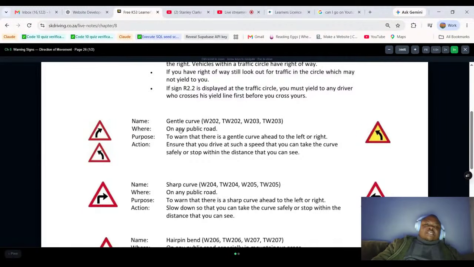And then this is a gentle curve to the right, gentle curve to the left, and the purpose is to warn you there is a gentle curve ahead, and to ensure that you drive at such a speed that you can take the curve safely or stop within a distance that you can see.